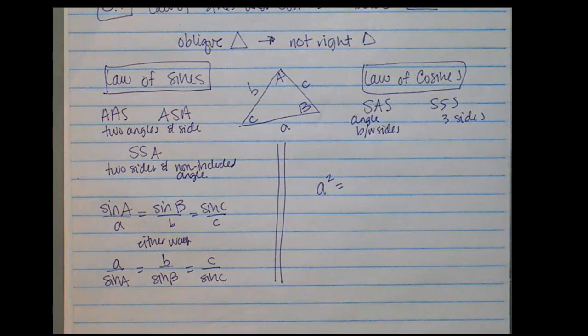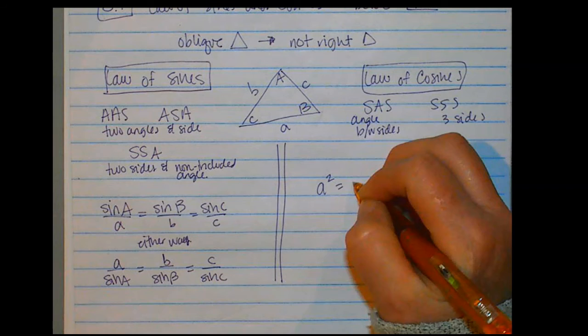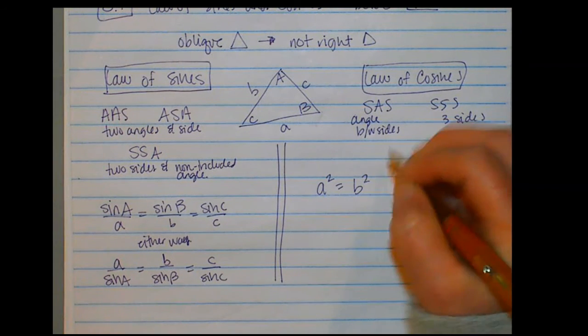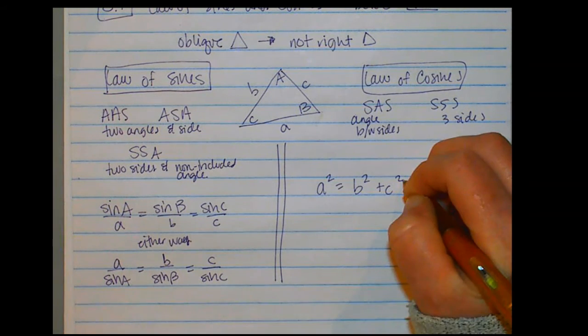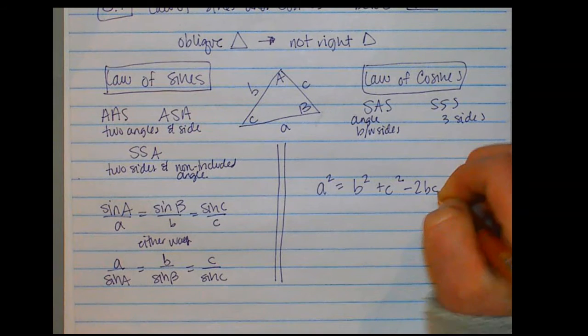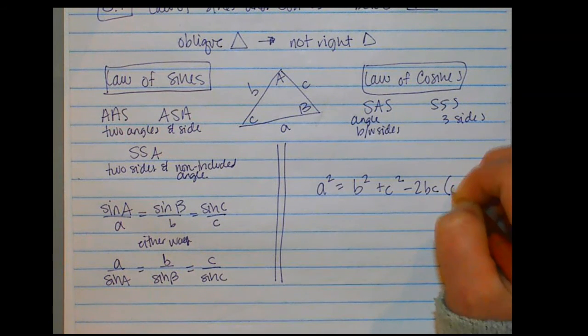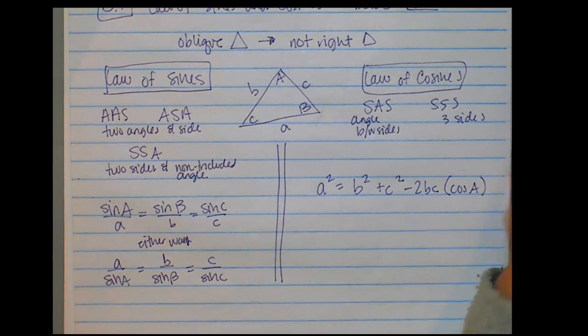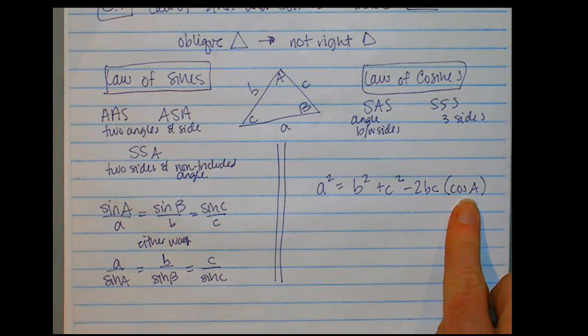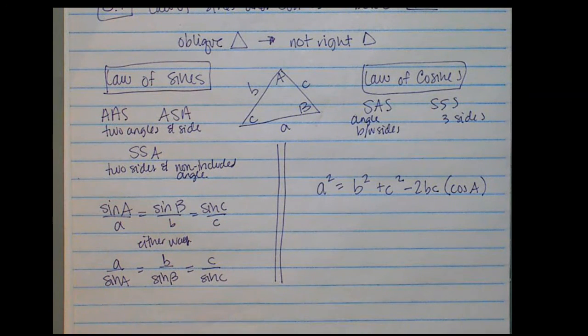So yeah, we're going to have some squareds in here. It looks like part of the Pythagorean theorem, but because we don't have a right angle, we have to take care of it with this extra piece. Because A is not the hypotenuse, right?